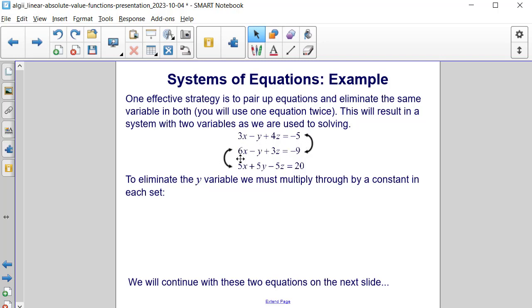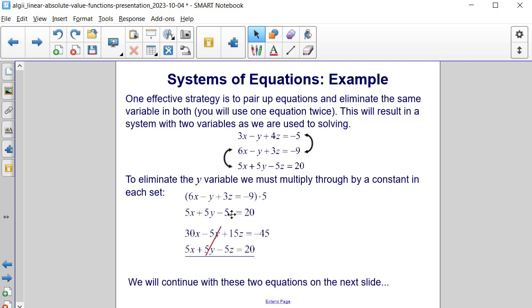So if I use the second and third in my first set, we're going to have 6x minus y plus 3z equals negative 9, and 5x plus 5y minus 5z is equal to 20. If we multiply our first equation in this system by a positive 5, we will end up getting 30x minus 5y plus 15z is equal to negative 45.